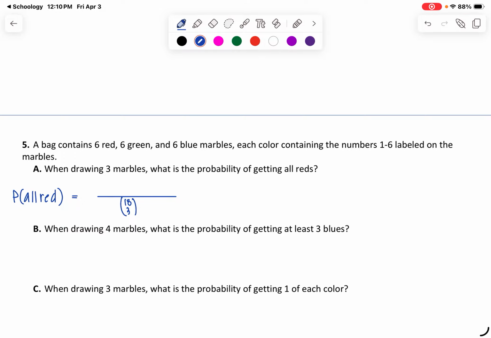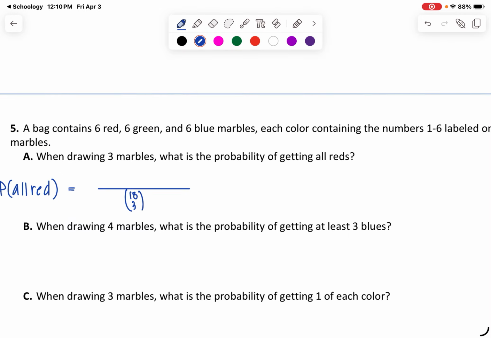That's when the order does matter. That's when you picked that one out, and that is specifically that ball, like red 6. Okay. All right. I know my brain paused there, but I said that was going to happen during this.